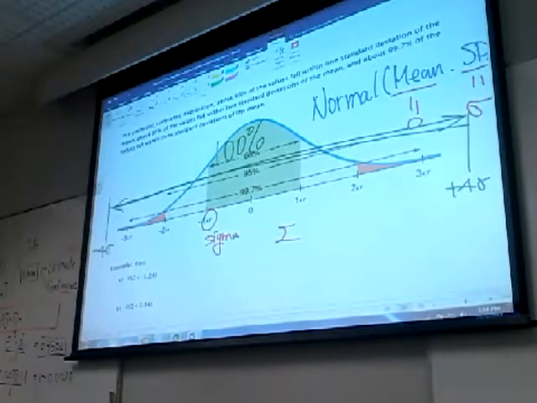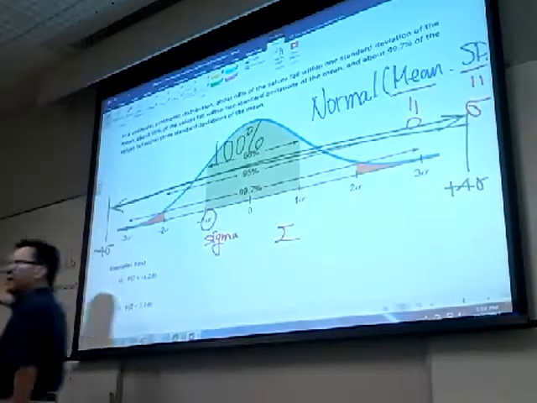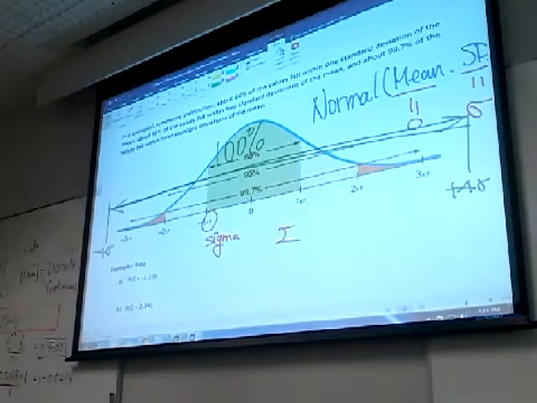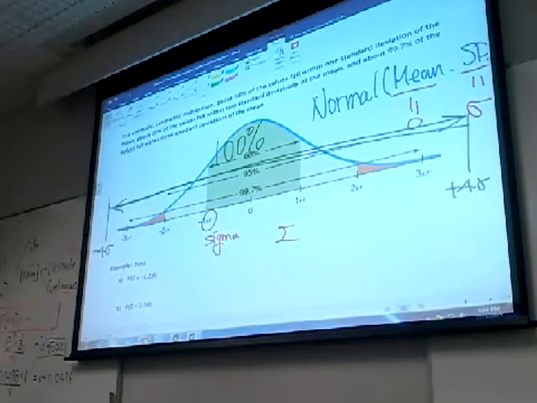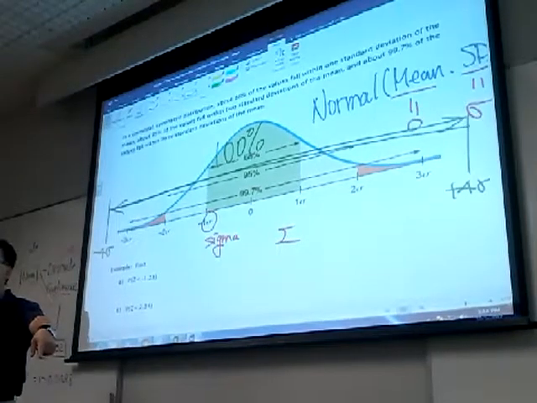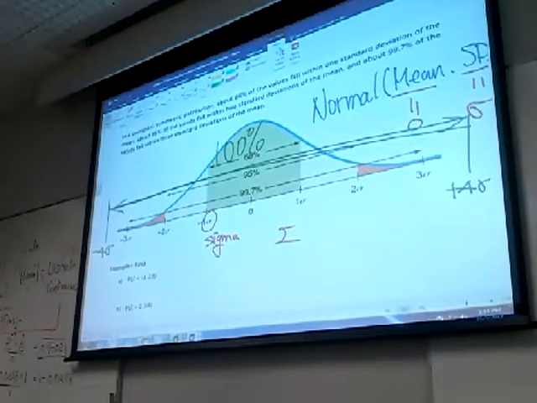Almost. What does it mean? Less than negative 4 standard deviation is almost nothing. Do you remember the probabilities in Poisson at 109? At 109 there, there was almost nothing.